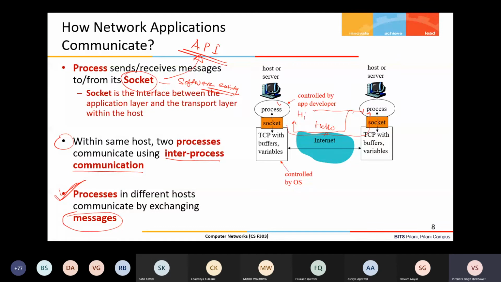This kind of communication, the processes do through the network only by exchanging messages with each other. So you understand the concept of process, application, process, and the socket.